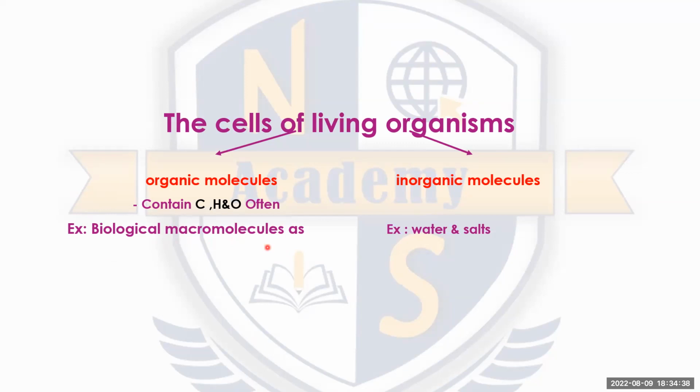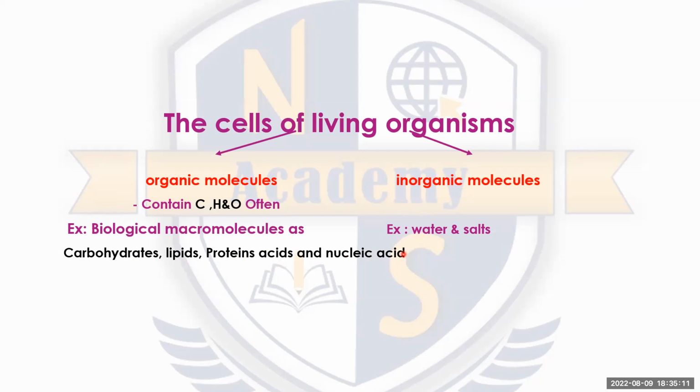We have four main types of biological macromolecules, which are carbohydrates, lipids, proteins, and nucleic acids. These are the four main biological macromolecules that make up the bodies of living organisms.